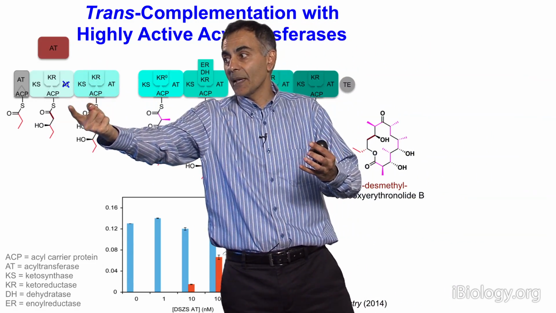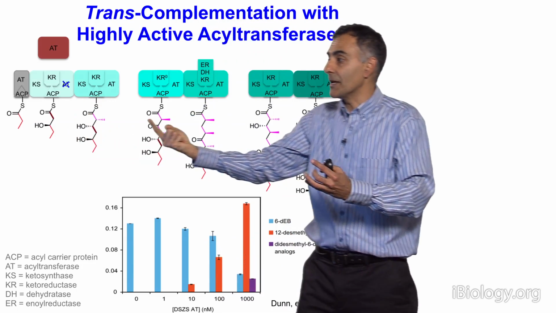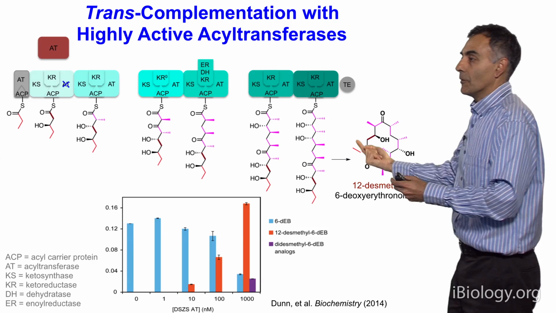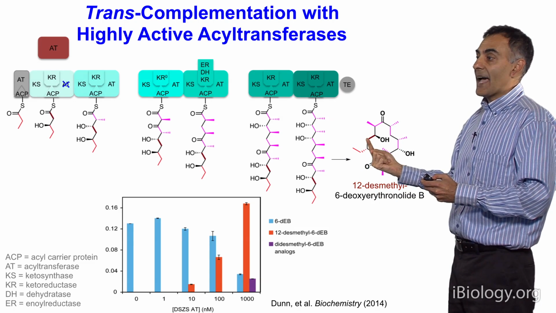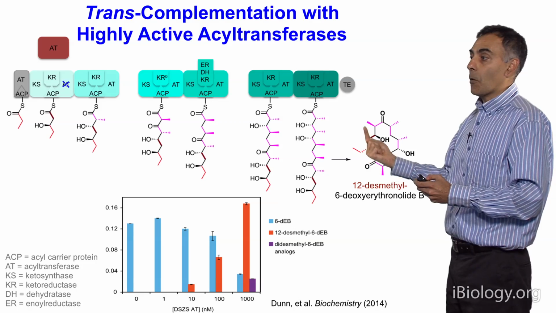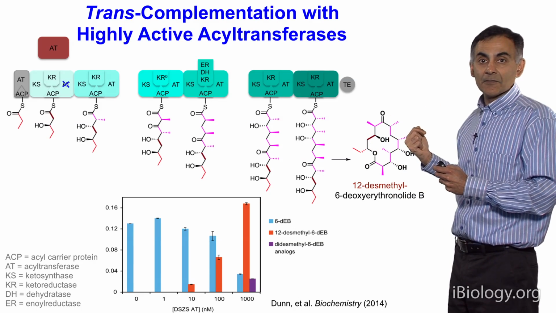And this enzyme can do it pretty quickly. And now that resulting intermediate moves all the way down the assembly line to give you a product that has one and only one change in the entire macrocycle that is made.